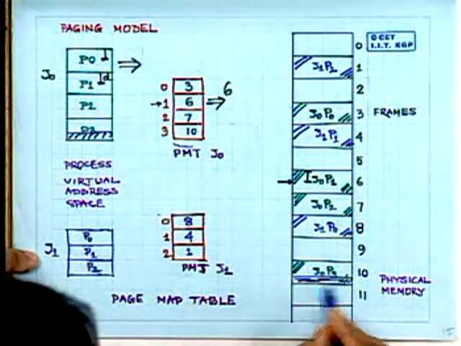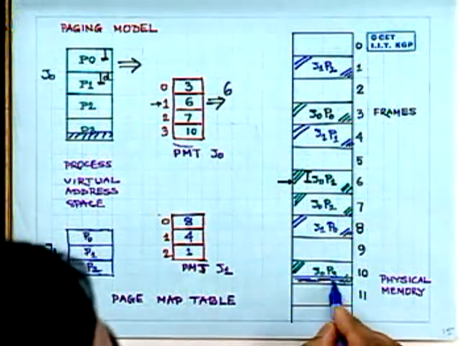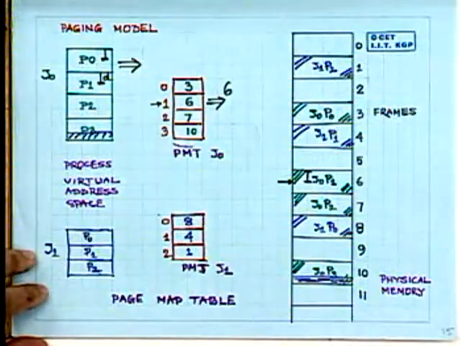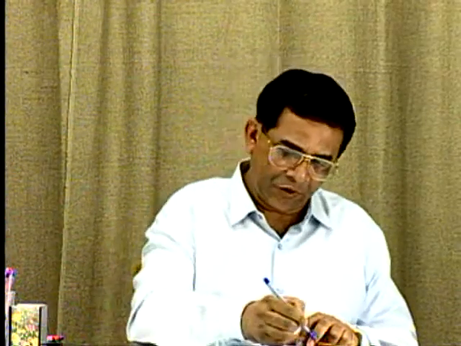Therefore, a small fragmentation, a hole, comes into the picture, and we call it internal fragmentation. Per process, the last page is not full, and therefore the frame it is mapped into will not be full. Some memory locations in that case will be wasted, and that is called internal fragmentation.